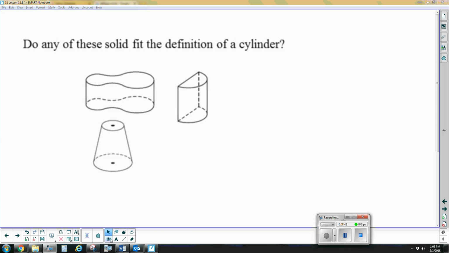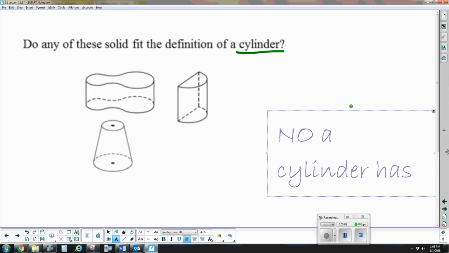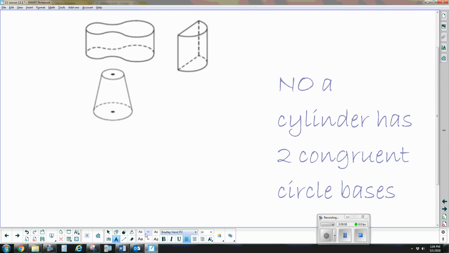And then lastly, your closing question. So this is looking at that vocabulary term cylinder. Do any of these fit the definition of cylinder? And the answer is no. Because a cylinder has 2 congruent circle bases, which none of these do.